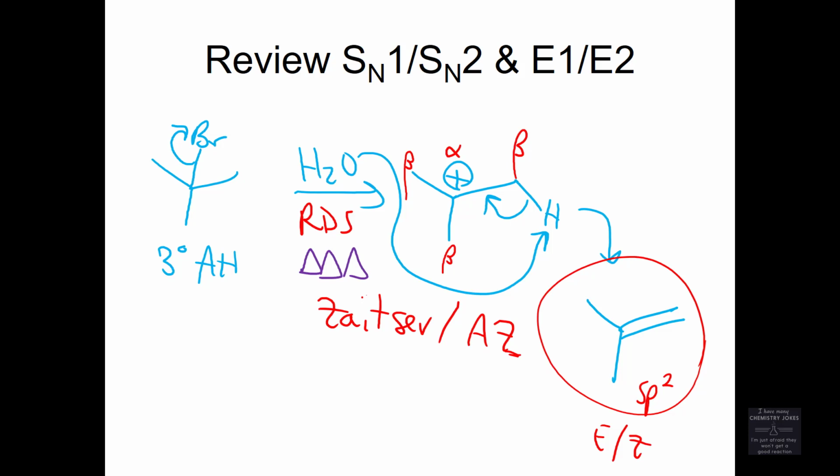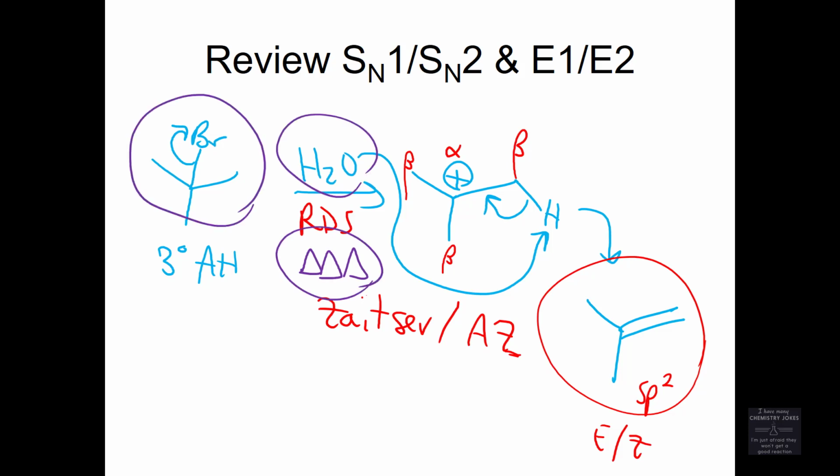So thermodynamically, heating this reaction causes elimination to be favored. So if we add this same substrate with water and heat, we would expect E1 to be the major pathway followed. If we added this tertiary alkyl halide with water, we would expect SN1 to be the major pathway. Again, they always come together, but if you add some heat, you can favor one over the other.